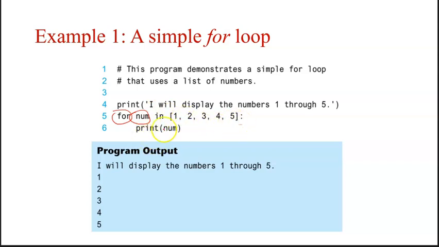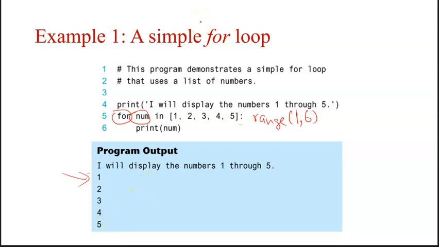In this case, the list has been typed by hand, but if you want to use the range function, you can use range 1, 6, so it goes from 1 to 5. The output of this program is each number on a new line.